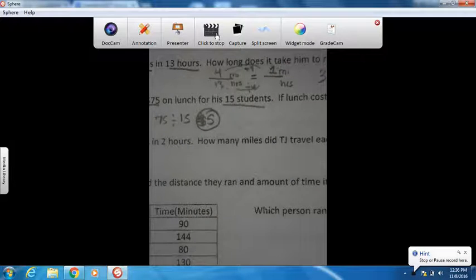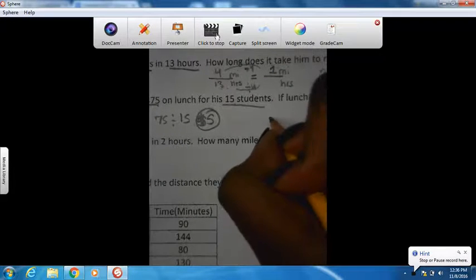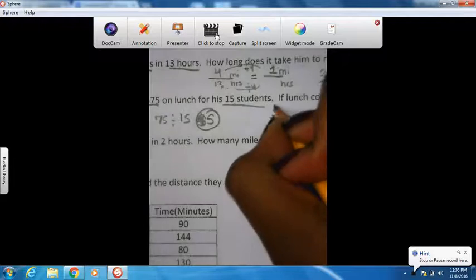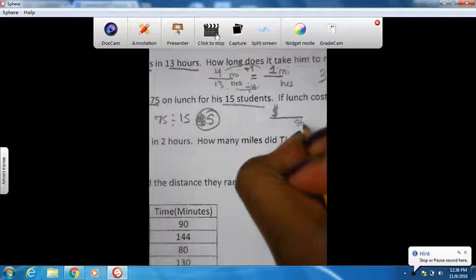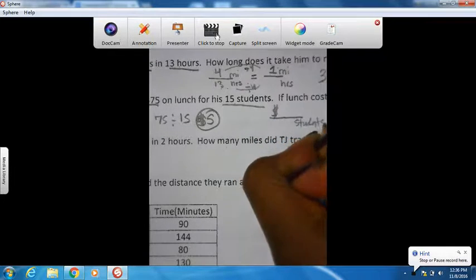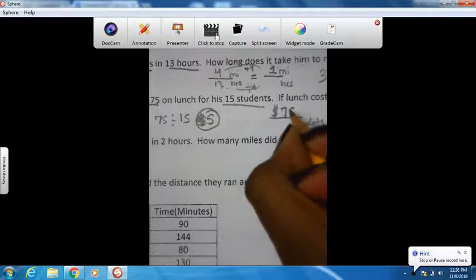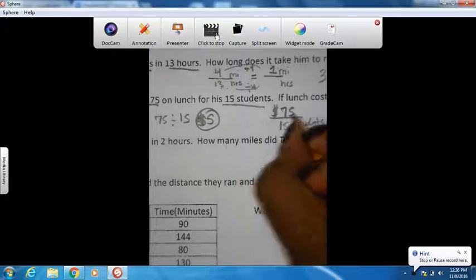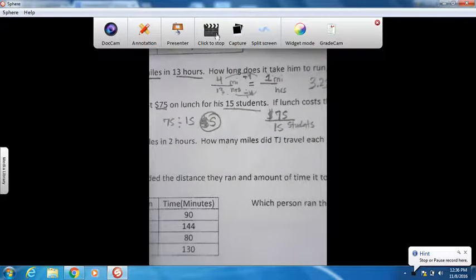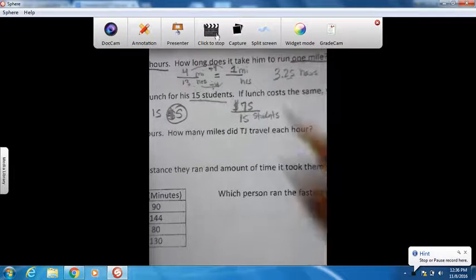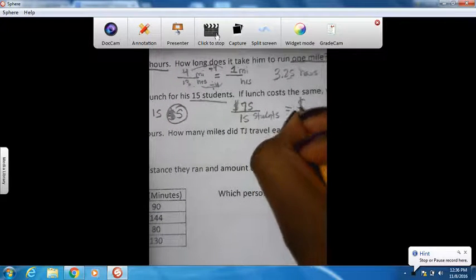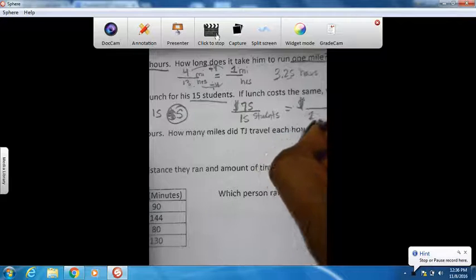Another way you could do this is by setting up a proportion. There's a relationship between money and students. And we know that $75 covered 15 students. But the question is asking us to find the price for one student or one lunch.